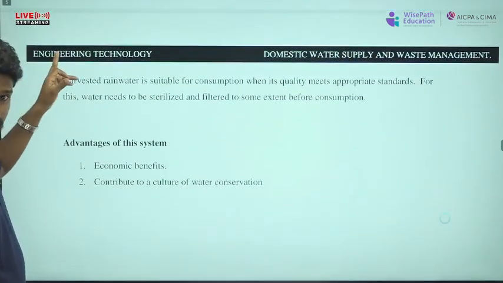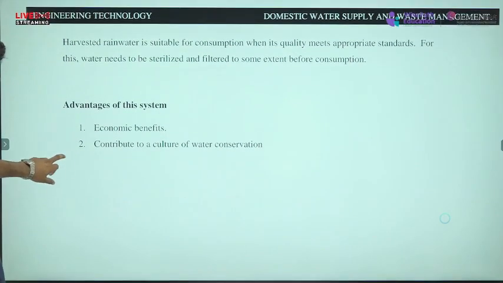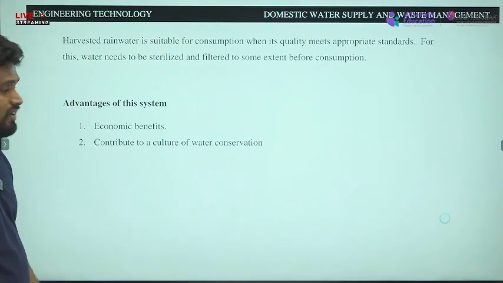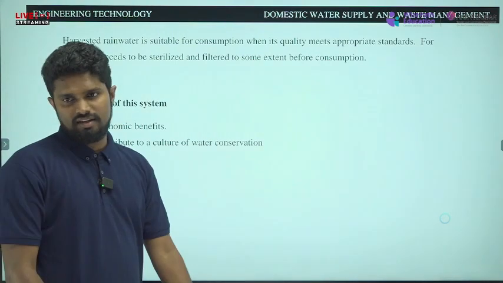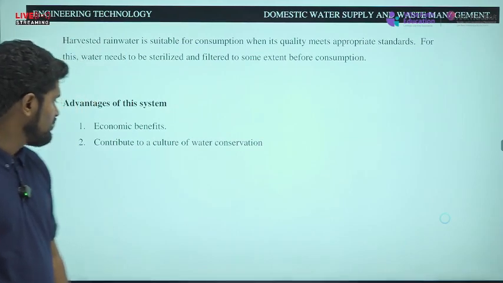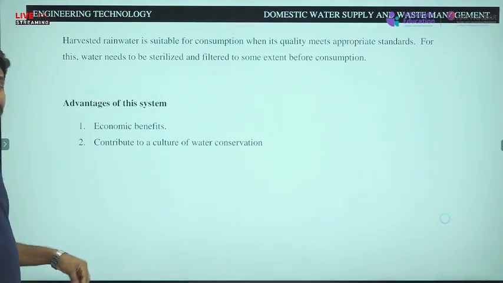I will explain this. Advantages of the system, son. First one is economical benefits. We have an economic benefit. And it contributes to a culture of water conservation.